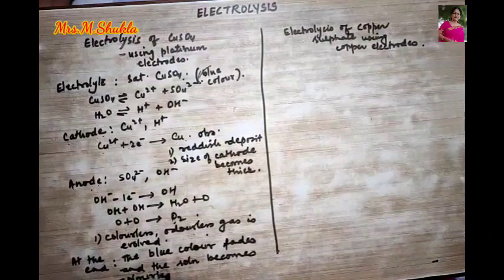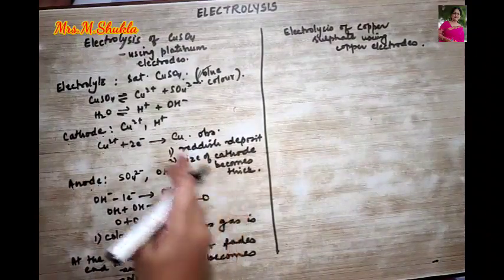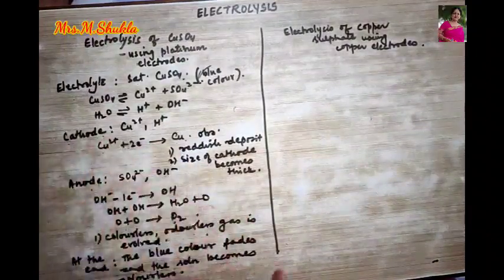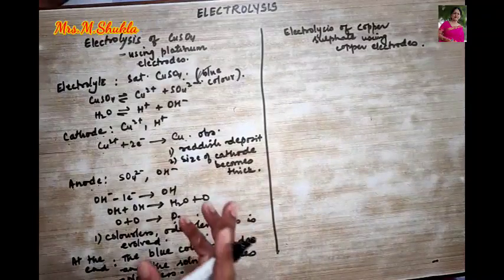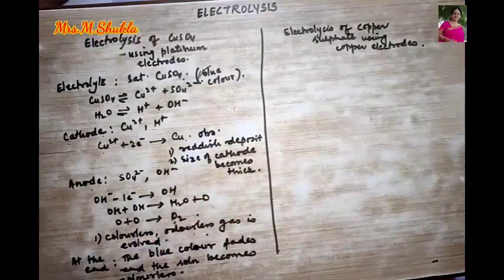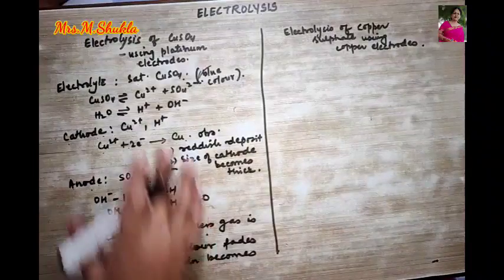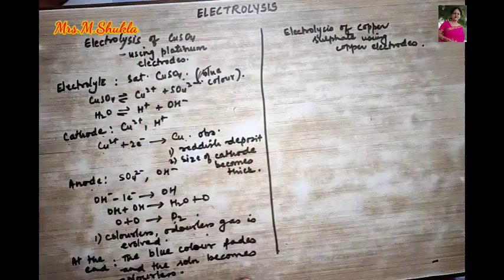Why does the solution become colorless? Because all the copper has been deposited at cathode and there are no copper ions left in the electrolyte. Therefore, it has become faded. I hope this is very clear to all of you, right?